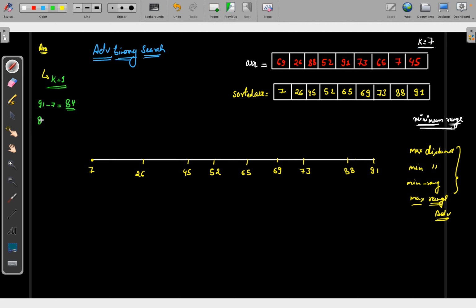And if it is 84, I will divide by 2 because it is the range. So 84 by 2, it will be 24. So my first router will be located at 7 plus 24. That will be, I guess, 31, right? Sorry, it's not 24.